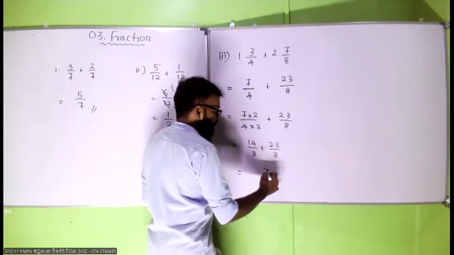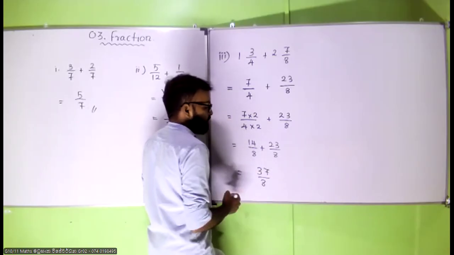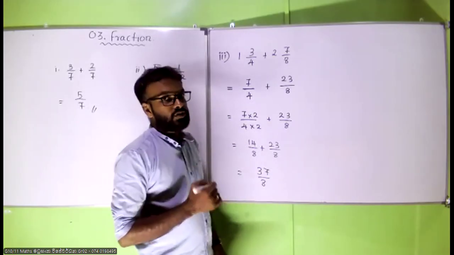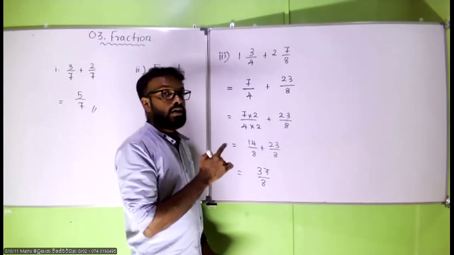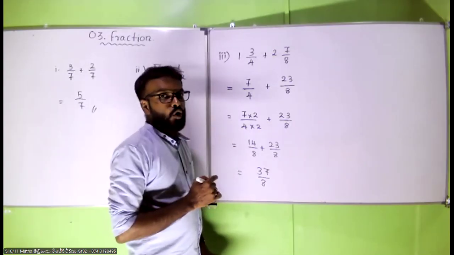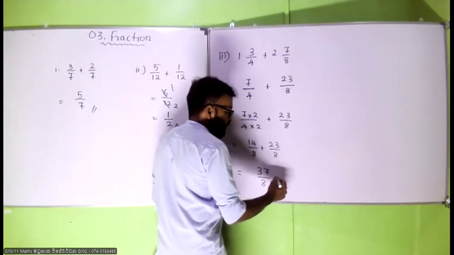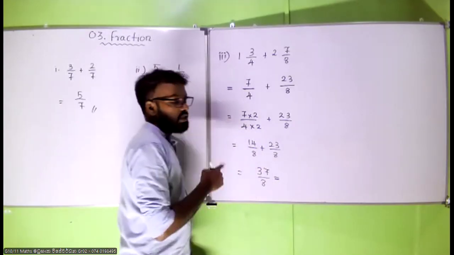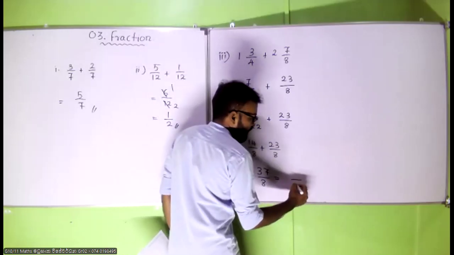14 plus 23, 37. 37 upon 8. So this is an improper fraction. It would be better if you keep this answer in mixed number form. So you know how to convert this improper fraction into a mixed number. Your denominator is 8.